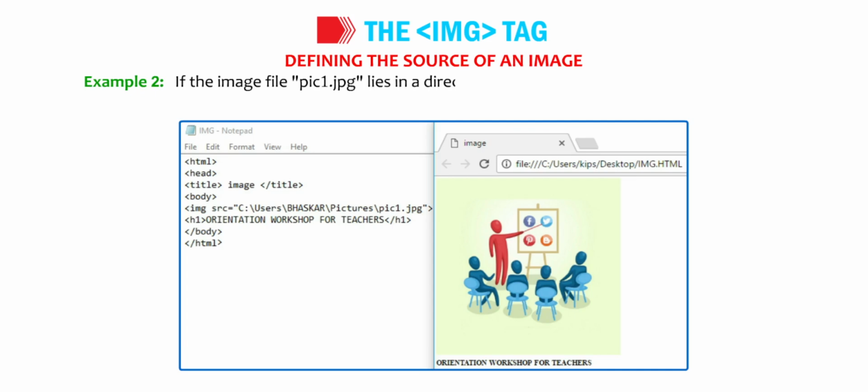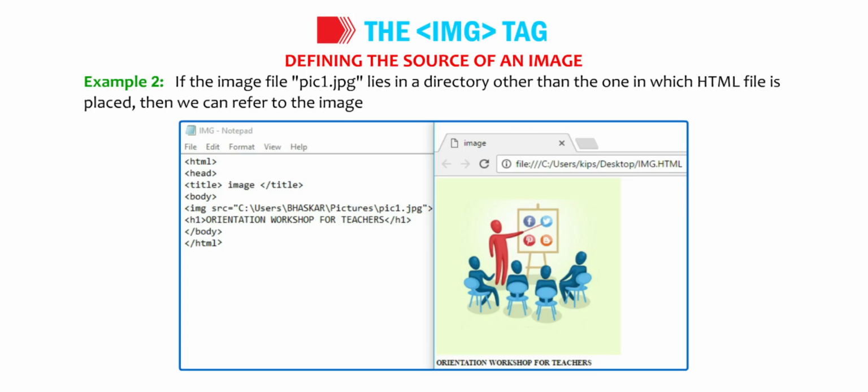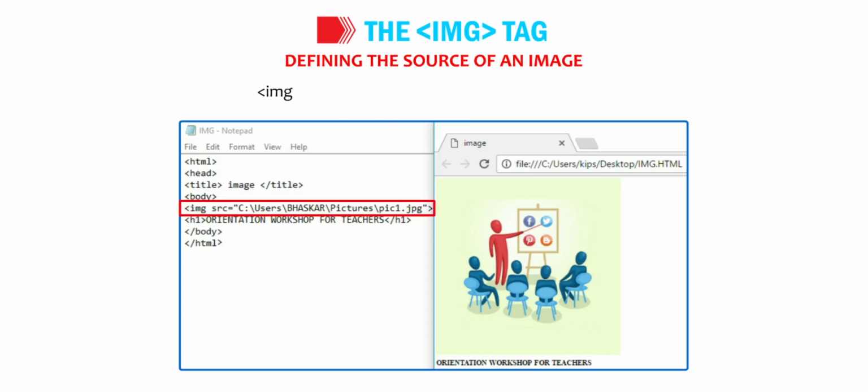Example: if the image file pic1.jpg lies in a directory other than the one in which the HTML file is placed, then we can refer to the image by specifying full path of the file. Image src equals to c:/users/bhaskar/pictures/pic1.jpg.